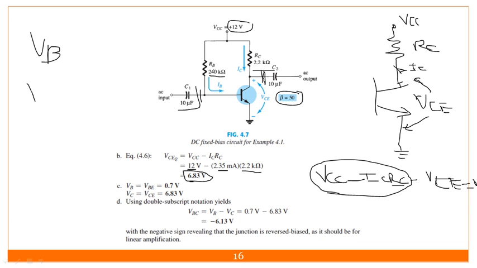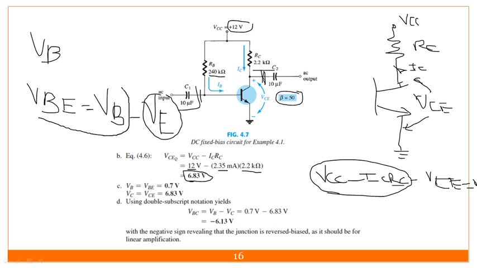Now if I want to calculate the value of VB, how do I calculate it? We know that VBE is VB minus VE, and my emitter terminal is connected to ground, so the potential there is 0 and VE is 0. So VB equals VBE, and its value is always 0.7.